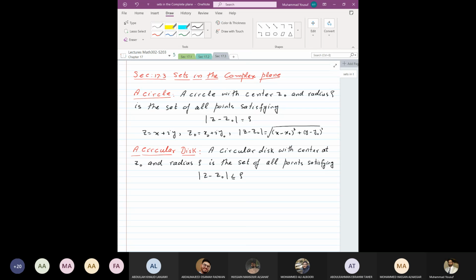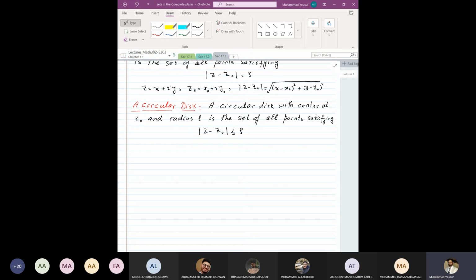Okay. Then the next definition is, what is an open set?